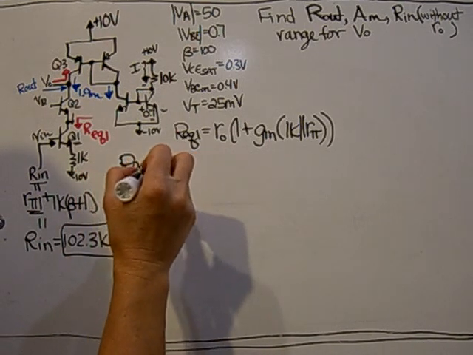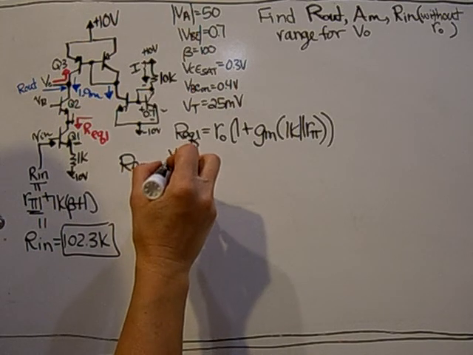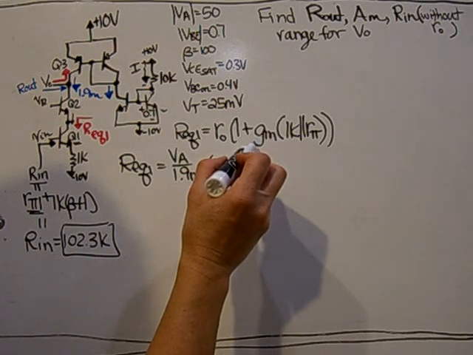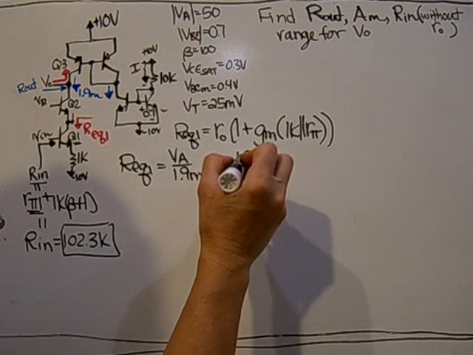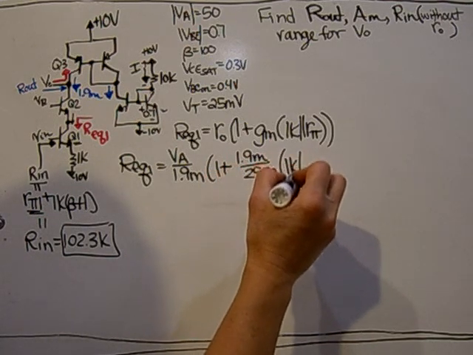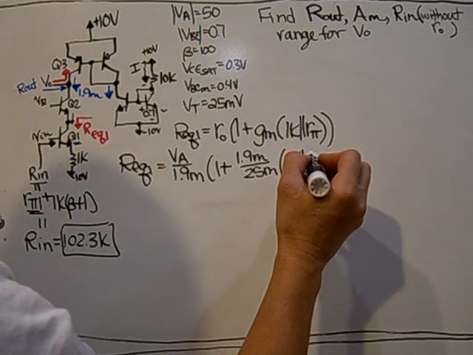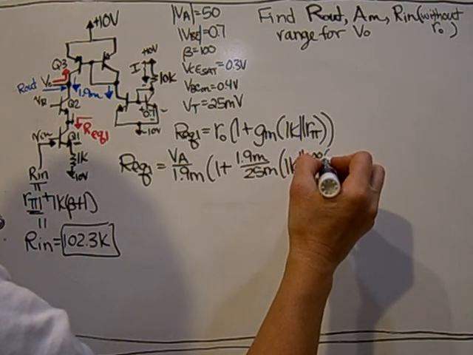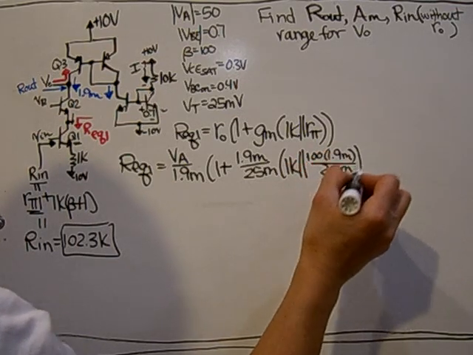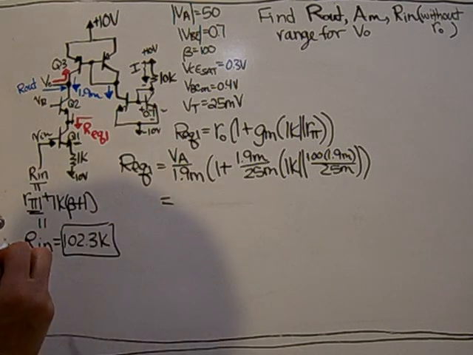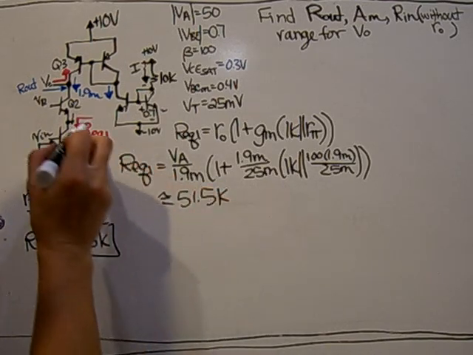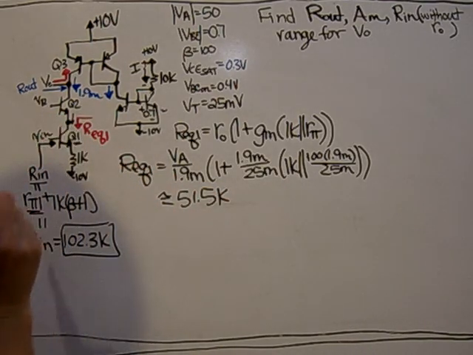And so RO is VA over 1.9 milli, 1 plus, and gm is found from Ic divided by VT, 1K in parallel with, again, the 100 times 1.9 milli over 25 milli. So this gives approximately 51.5K. So that's the resistance seen from this node to ground.